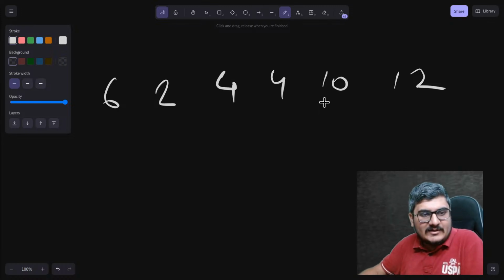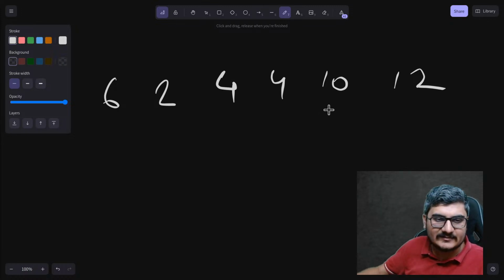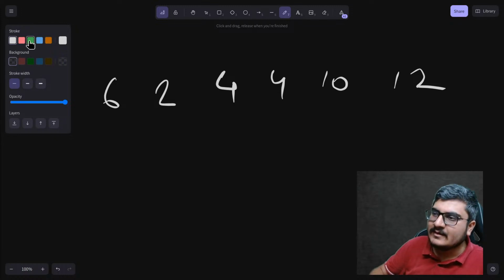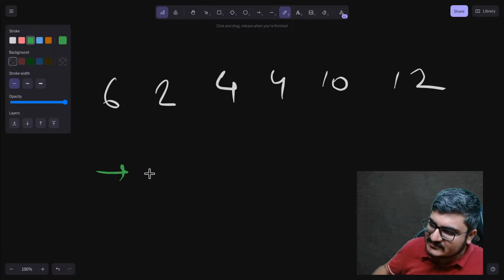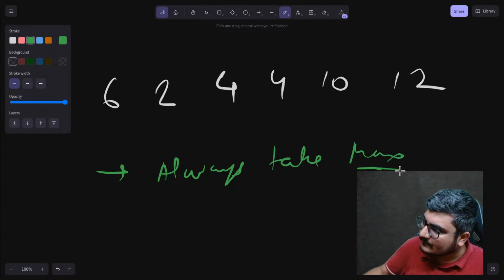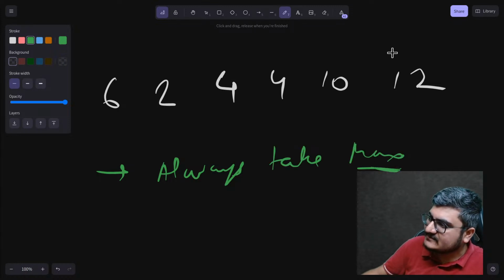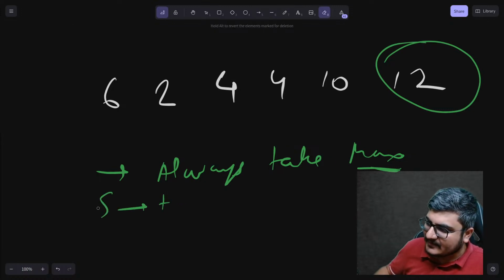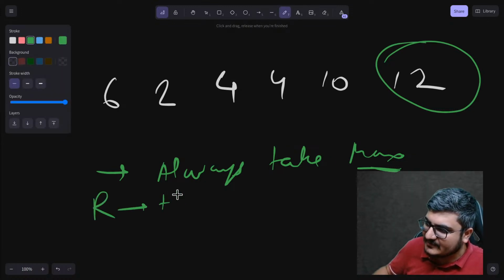It's Robin Hood's turn. What should he take so that his overall score is maximum? I would claim each player should always take the maximum possible value here. So first it's Robin Hood's turn, he will take 12.